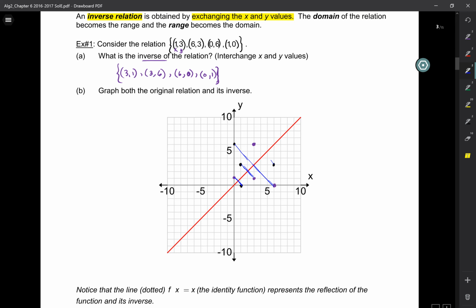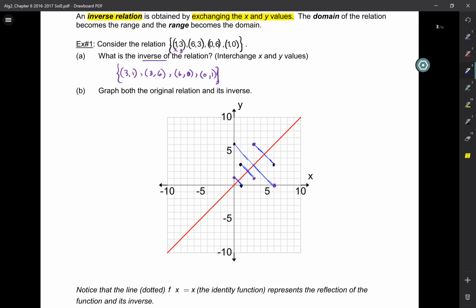For every point on the relation, there is a corresponding point on the inverse, right? Do you see how cool that turned out to be? Come on, that's so cool. Does it look like the black dots are being mirrored into the purple dots? And where is the mirror, quote unquote? What line is the mirror? It's that red line, right?